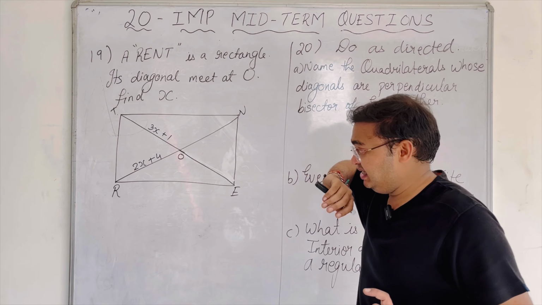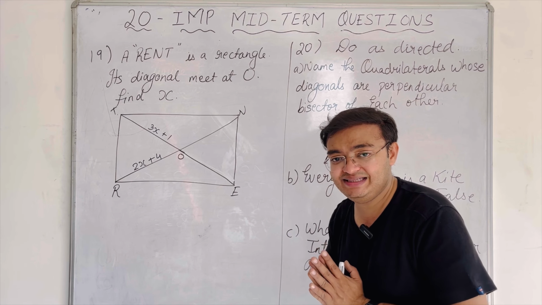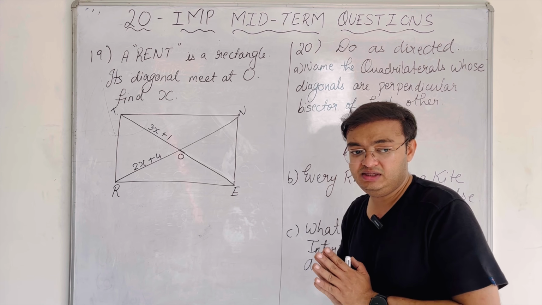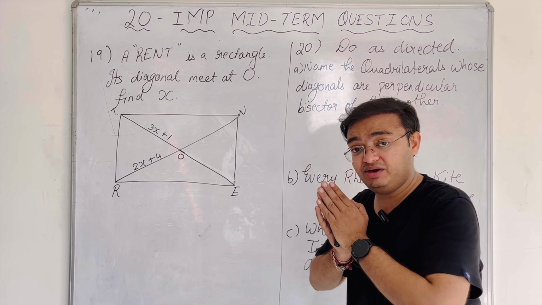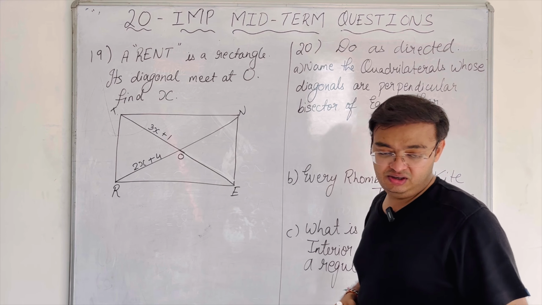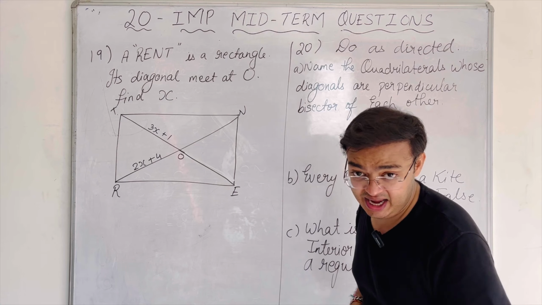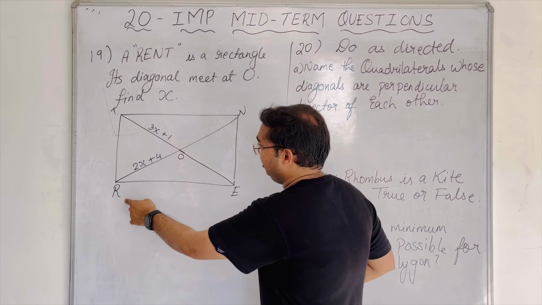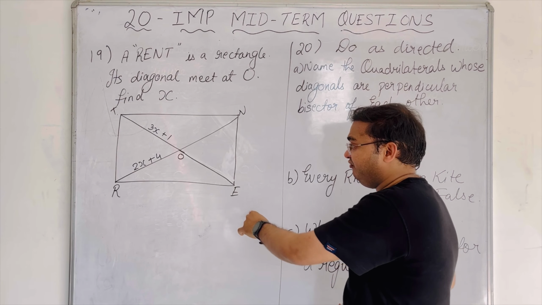Getting my words? I know that the diagonals bisect each other, meaning each diagonal is divided into two equal parts, but the lengths of the diagonals are also the same. Whatever the length of RN, the same would be the length of ET.